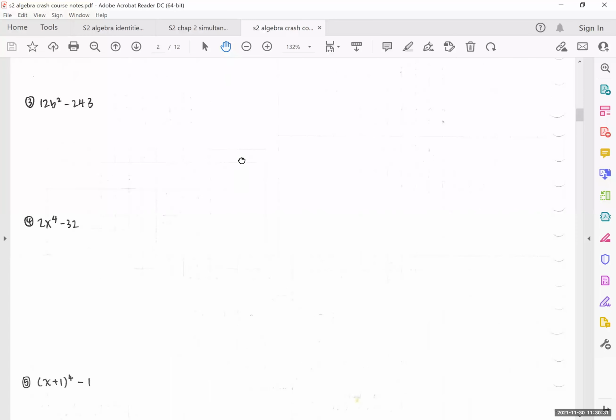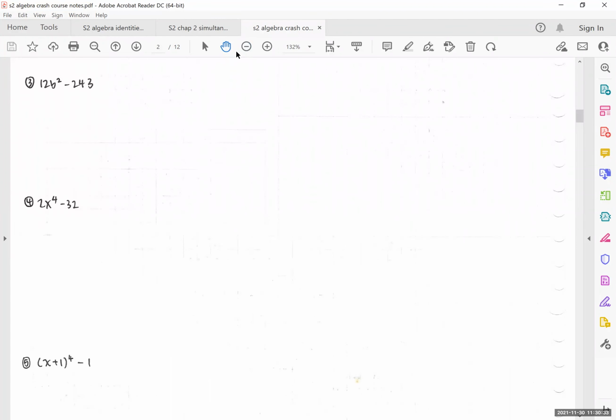Now, let's move on to 3. So guys, remember the very first step, what must we do? Always check for HCF. Is there any HCF between 12 and 243? 3. Okay, any higher? Oh, 9, yeah.